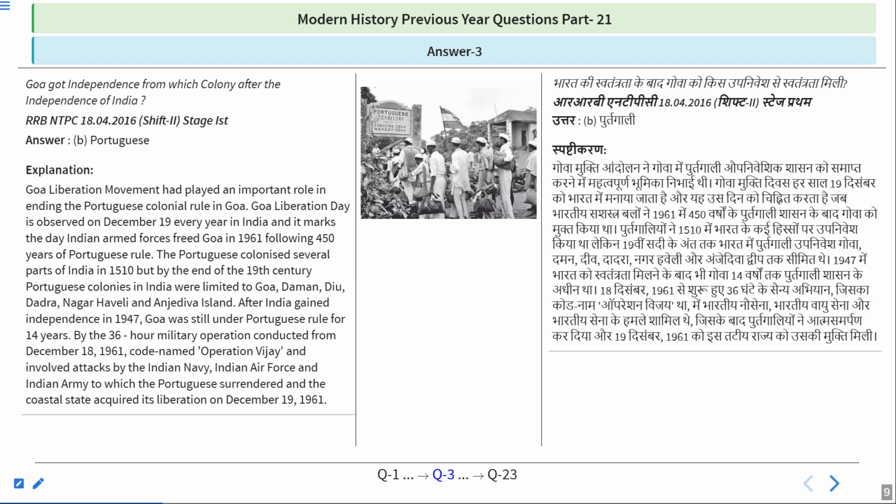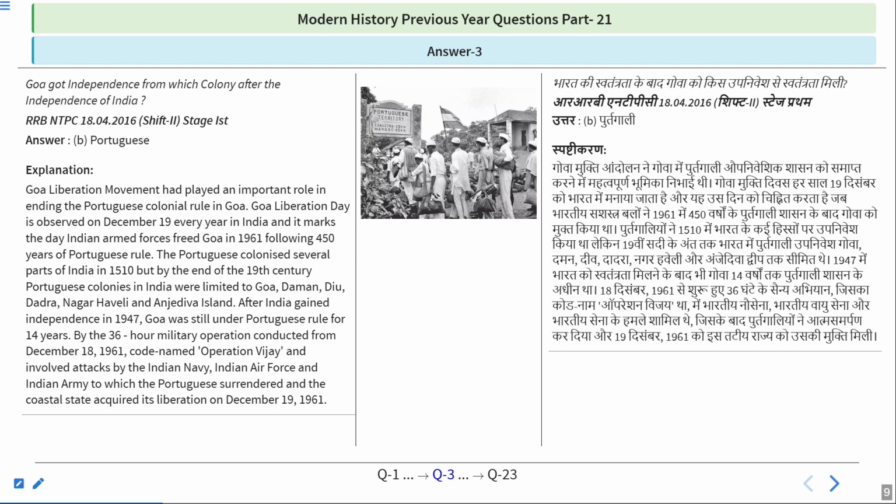The Goa liberation movement played an important role in ending the Portuguese colonial rule in Goa. Goa Liberation Day is observed on 19 December every year in India, and it marks the day Indian Armed Forces freed Goa in 1961, following 450 years of Portuguese rule. The Portuguese colonized several parts of India in 1510. By the end of the 19th century, Portuguese colonies in India were limited to Goa, Daman and Diu, Dadra Nagar Haveli, and Anjediva Island. After India gained independence in 1947, Goa was still under Portuguese rule for 14 years.